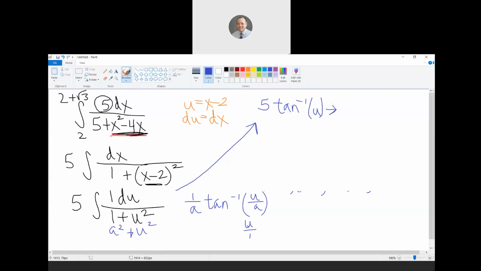Now, before we can evaluate this particular integral, we must back substitute u. All right, so u was originally x minus 2. Let's plug in our limits of integration.